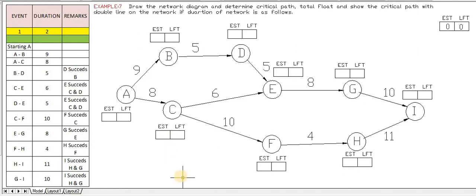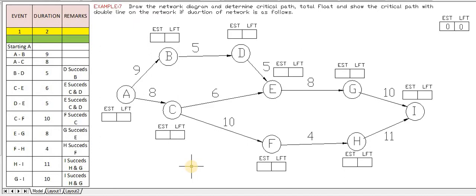So first thing, EST, that is the earliest starting time. Already we have discussed in the last lectures. Three things to be taken care of while calculating EST. First, most important, EST is to be calculated in the forward direction.